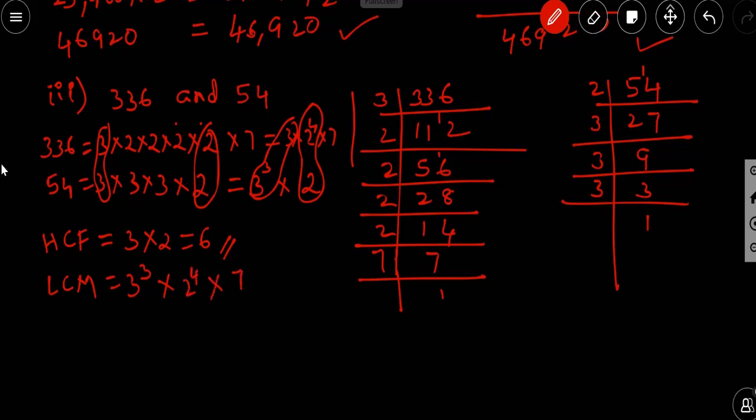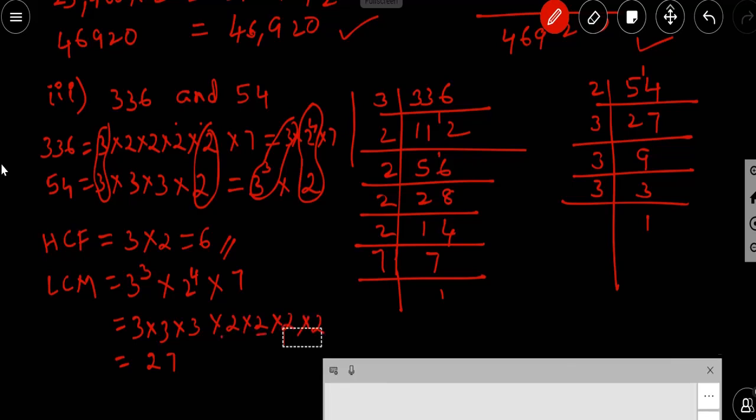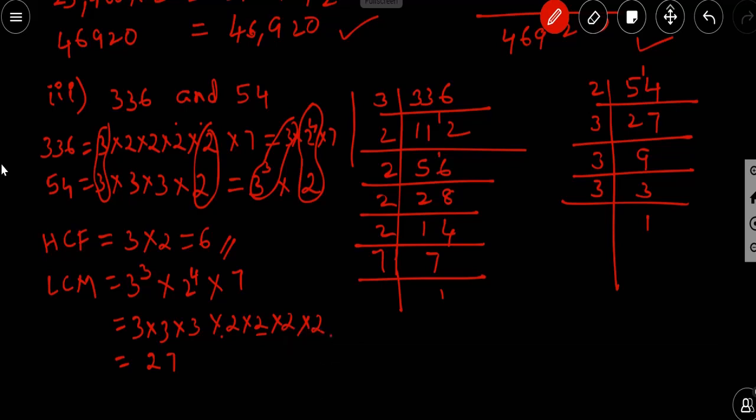Now how do I do this? This is 3 into 3 into 3, which means how much? 27. Into 2 into 2 into 2 into 2, which means 2 2s are 4, 4 2s are 8, 8 2s are how much? 16. So into 16 into 7.